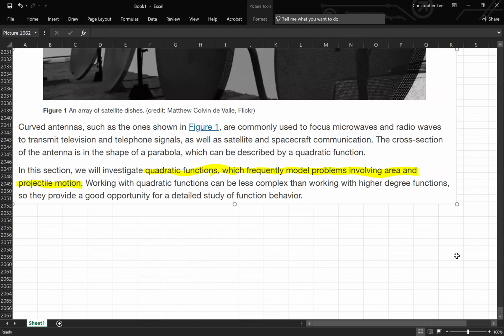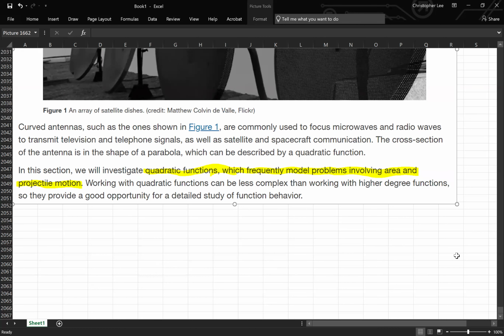The cross section of the antenna is in the shape of a parabola, which can be described as a quadratic function. In this section, we will investigate quadratic functions, which frequently model problems involving area and projectile motion.